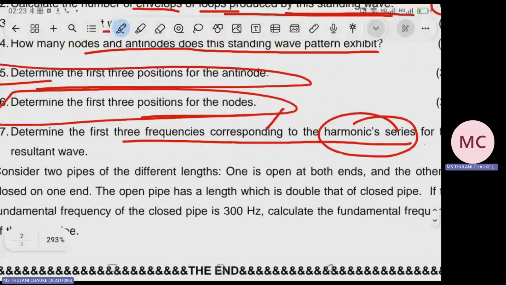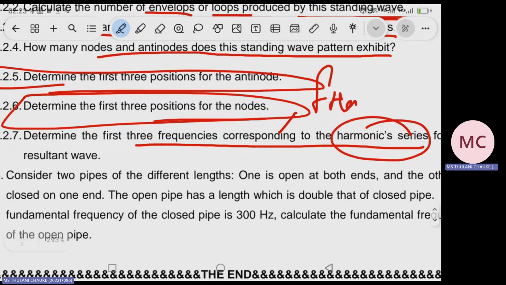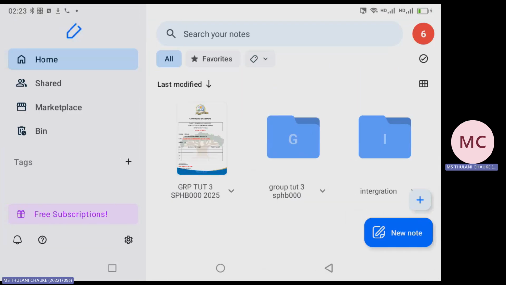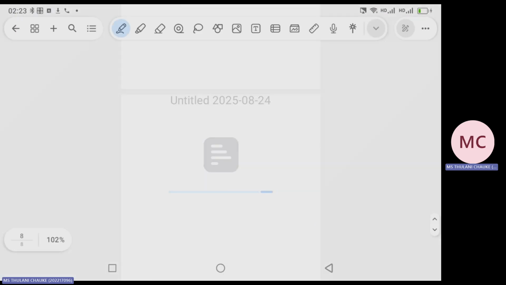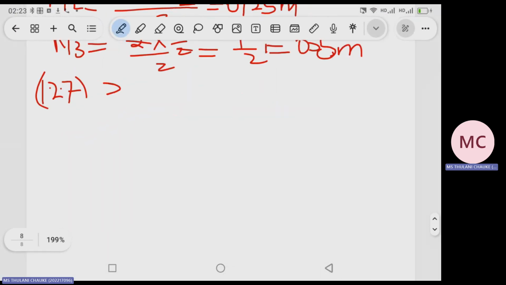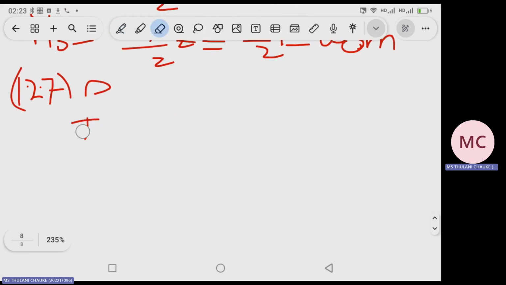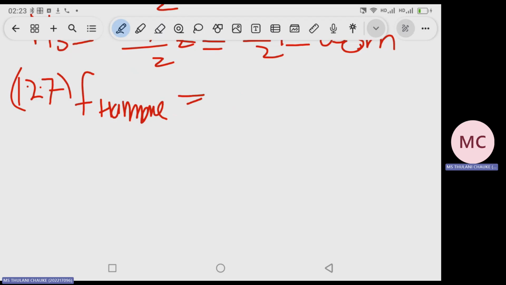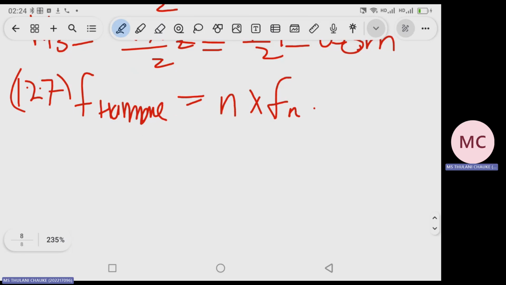So you have to know the formula for frequency in harmonic series, for the first three positions. So the formula is just what? N multiplied by F1.